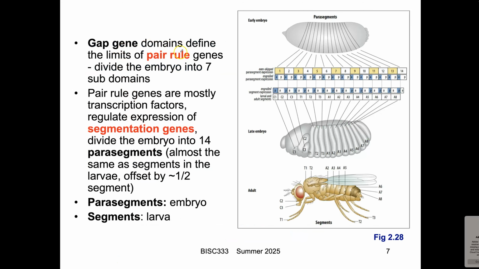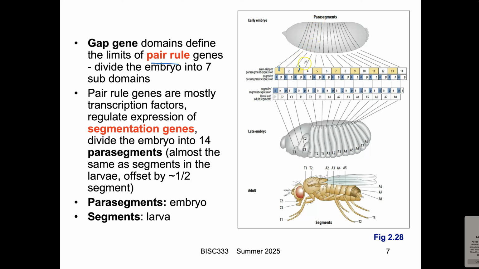So the gap genes basically define where the pair rule genes are going to be expressed, and the pair rule genes are expressed in these alternating stripes. And basically, if you were to look along the embryo, there are these sections that are called parasegments.